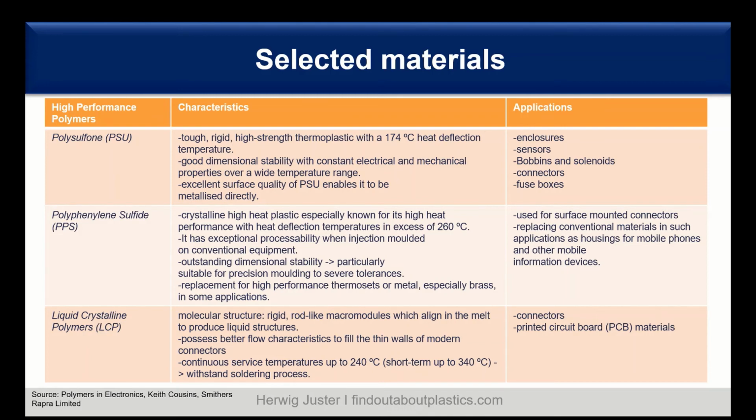We have a high chemical resistance, and replacement of high performance thermosets or metals is possible. And for applications, PPS can be used for surface mounted connectors where we need these high heat deflection temperatures, and also replacing conventional materials in applications such as housings of mobile phones or other information devices.